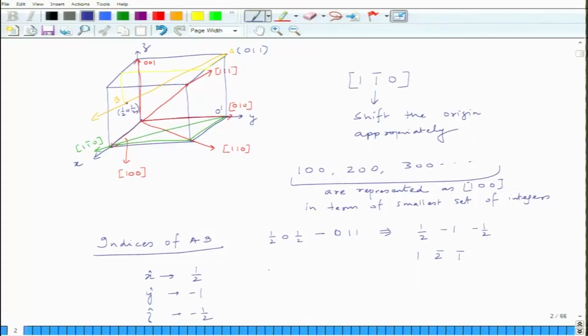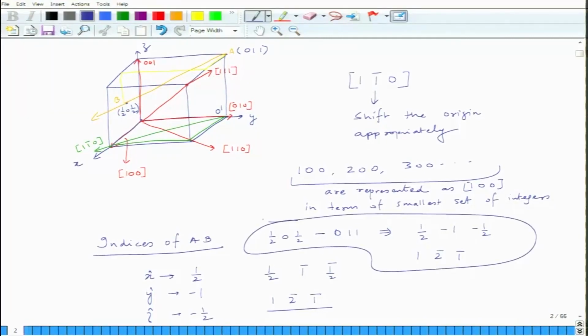So my UVW, my direction is half, minus 1, minus half, and if I multiply this by 2, it will be 1 bar 2 bar 1. I get the same answer, right? You can do it in this fashion or that fashion, both are fine. So this is how you determine the indices of any direction, which is nothing but a vector.